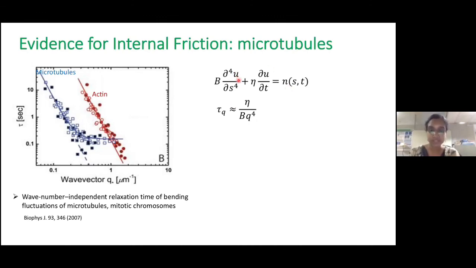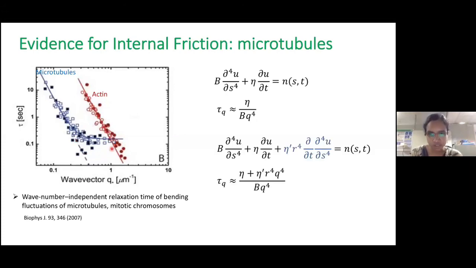U is the transverse displacement of the filament. From here you can get a time scale which scales as 1 over q to the power 4, which works well for the actin case, but it doesn't work well for microtubules. There is a critical wave vector above which the time scale becomes independent of the wave vector.